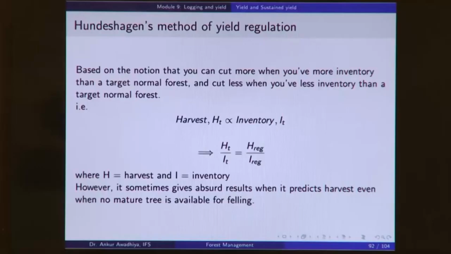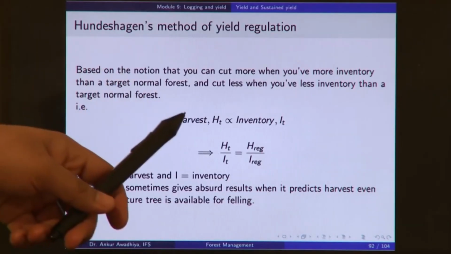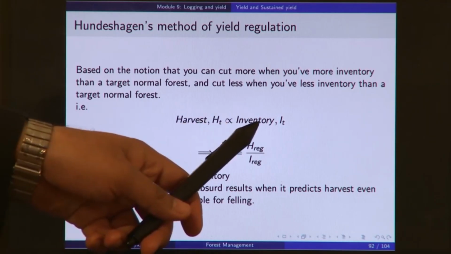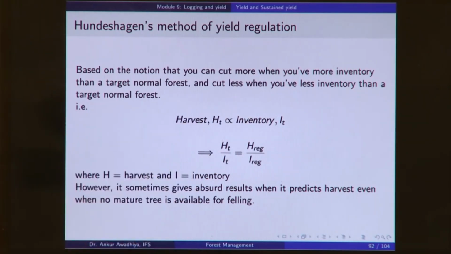You should do less harvesting if your total inventory is less than the ideal state. So, essentially, the amount of harvesting that you should do should be proportional to the inventory that you have.